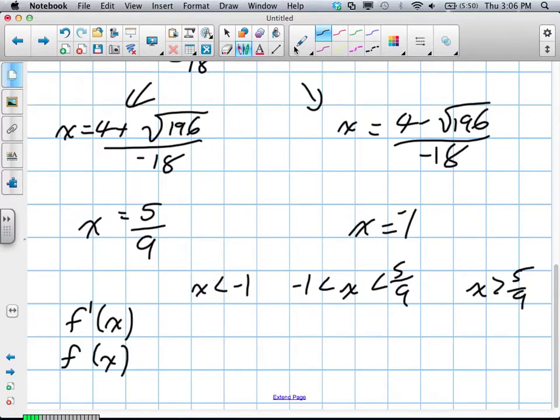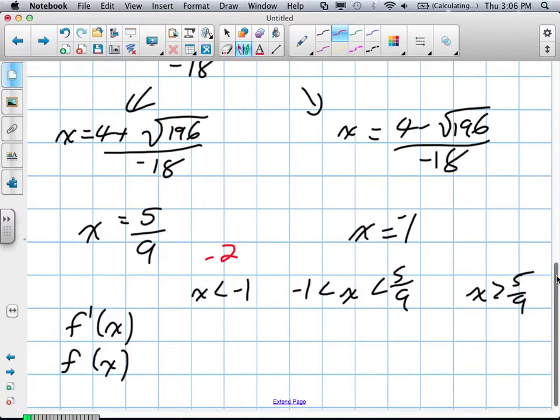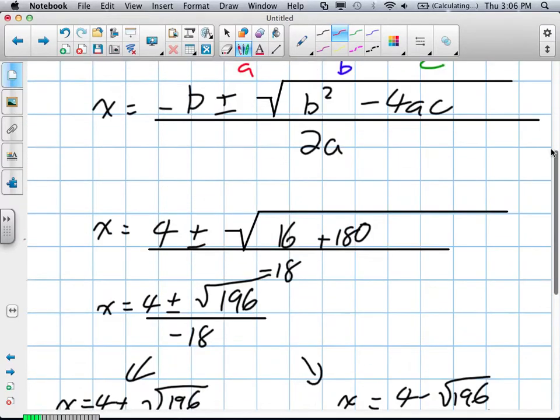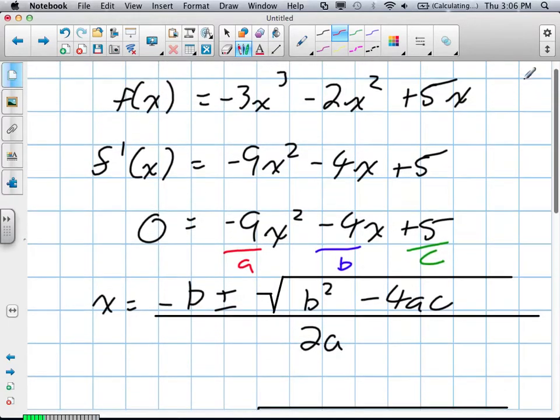We're going to plug those values into our derivative function. So think of less than -1, maybe we'll plug in the value of -2. Okay? And see if we get a positive or negative value. We plug -2 into our derivative.